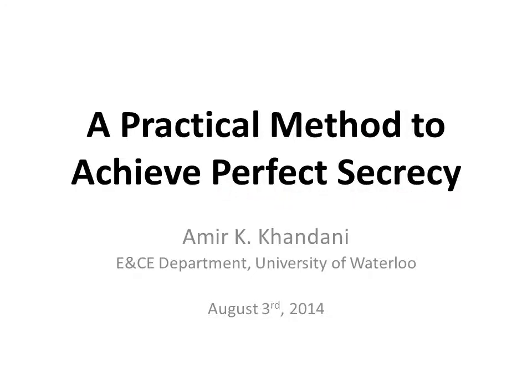What perfect secrecy means is that the message will remain absolutely secure in the presence of an eavesdropper who has access to an infinite number of receive antennas for listening to the transmitted messages.